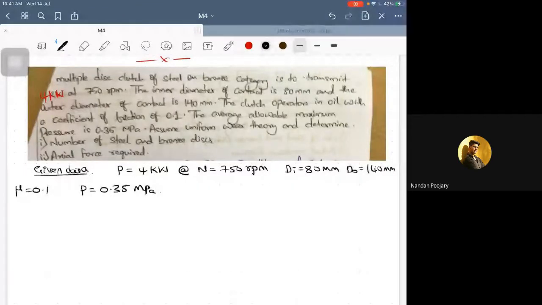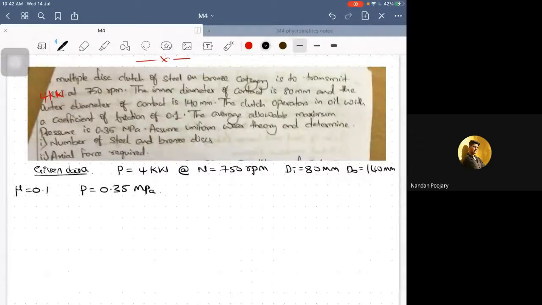All design engineers will mostly use uniform wear theory. Only if he deliberately specifies uniform pressure theory, then you use it. Is that clear? That particular point I forgot to say.